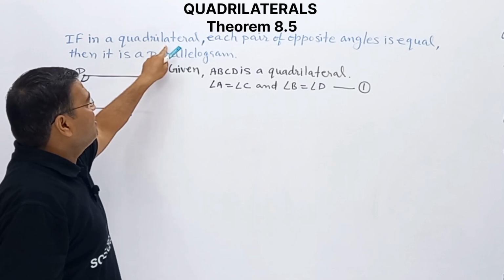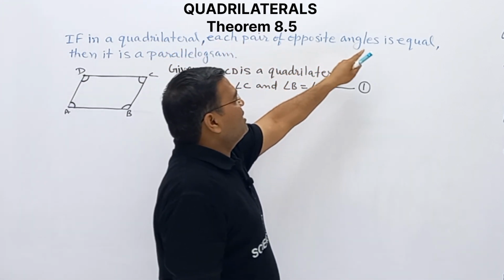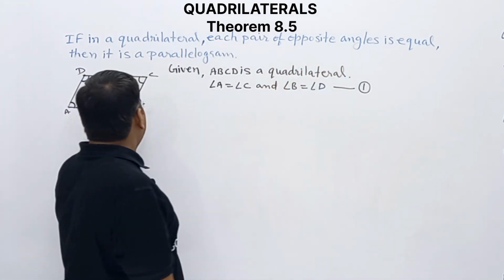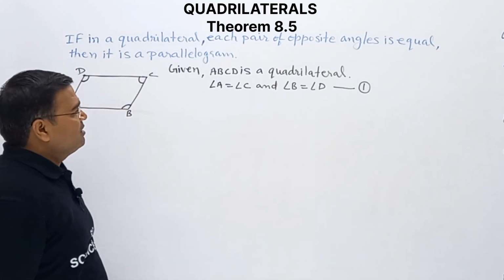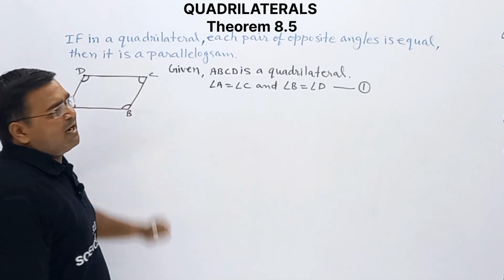These things we have in the theorem. ABCD is a quadrilateral. Each pair of opposite angles is equal. It means angle A equal to angle C and angle B equal to angle D. Clear? Then it is a parallelogram.